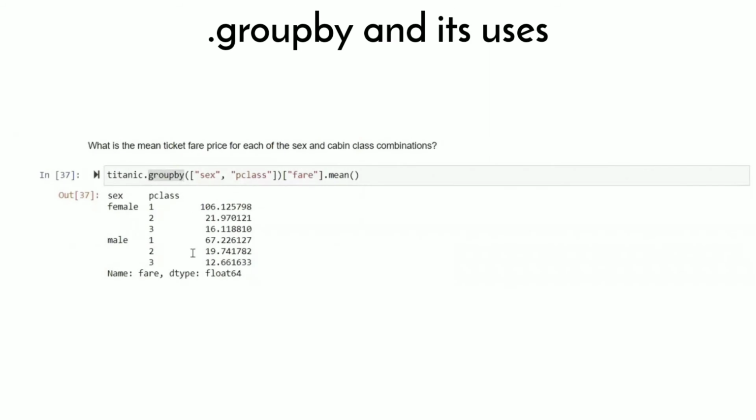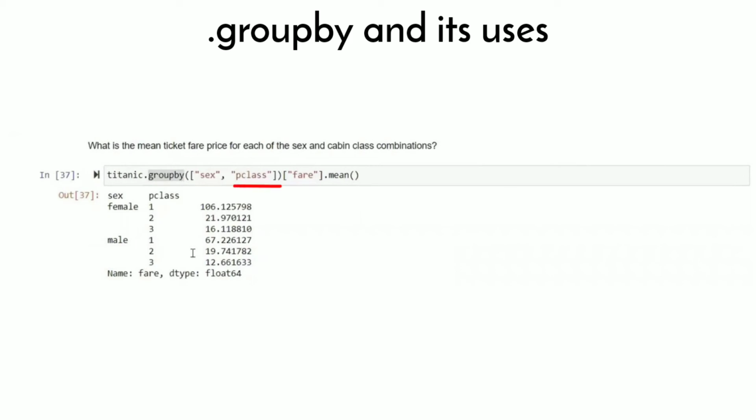So you can also run this operation generally on your data set. Instead of breaking down two specific columns, you just call the entire data set, you group by, and you can also group by based on two different columns. So it's going to go ahead and group based on sex to begin with, and then based on sex, it's going to group by based on the passenger class.